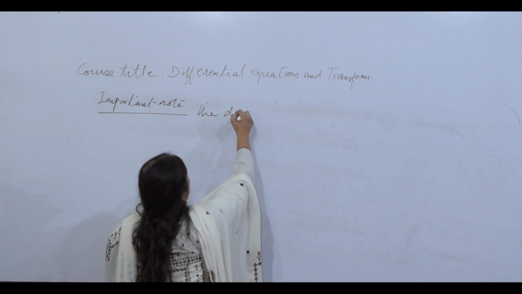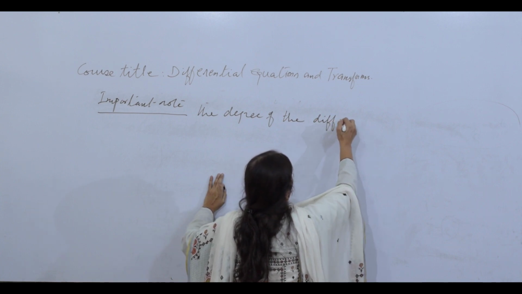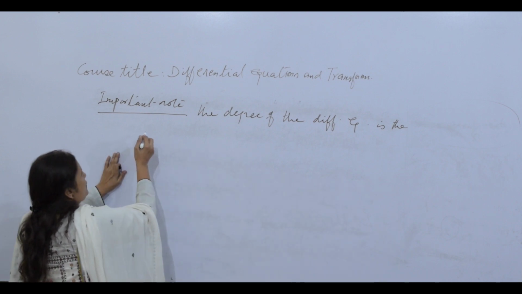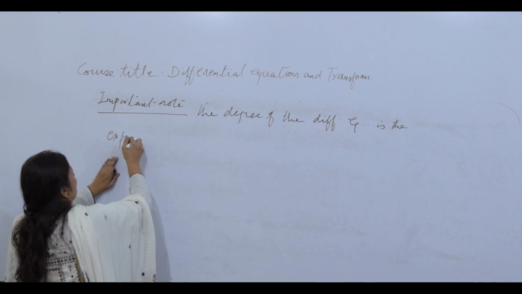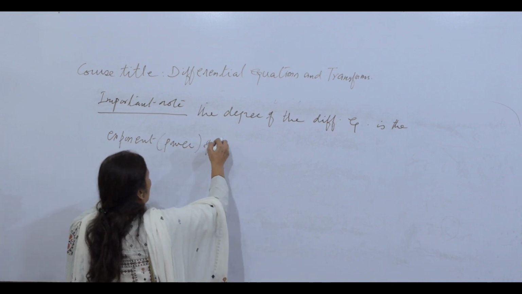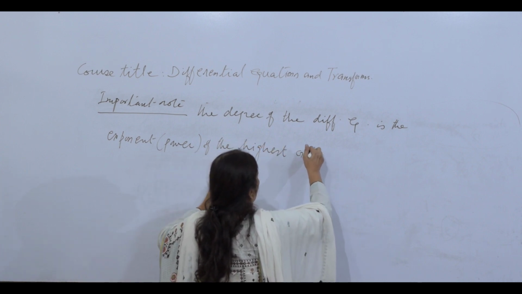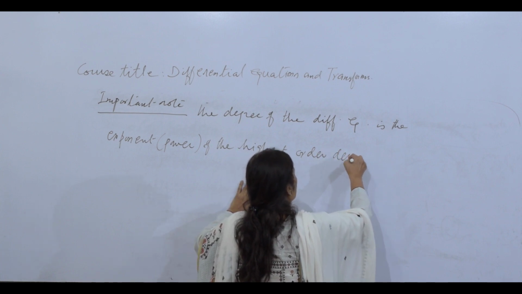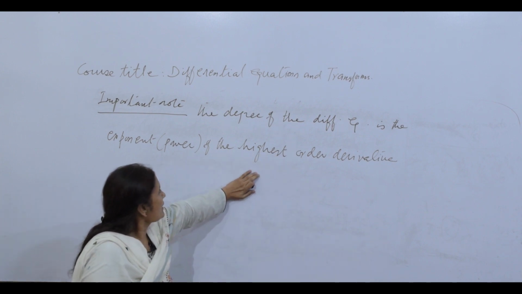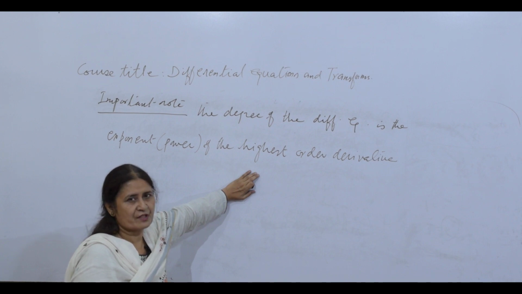The degree of the differential equation is the exponent, I mean the power, of the highest order derivative. This is the case I have written a minute before. The degree of the differential equation is the exponent of the highest order derivative.